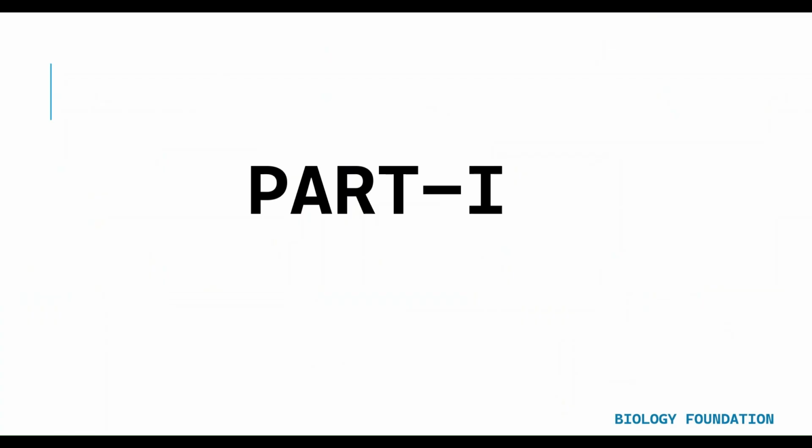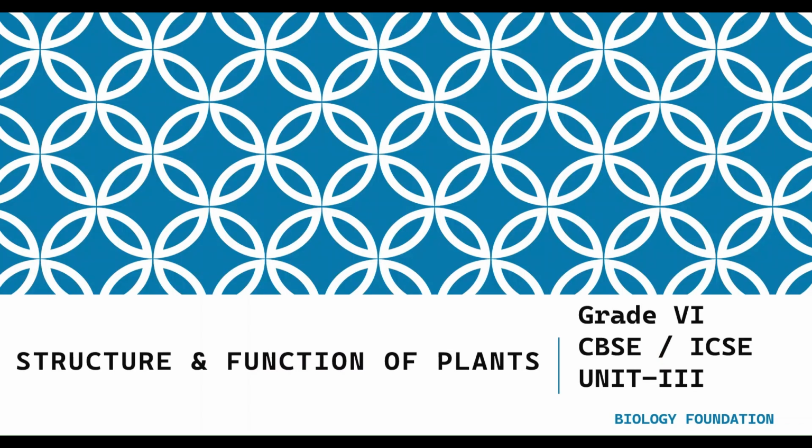So in the previous lectures where we discussed Unit 1 and Unit 2, Unit 1 talked about the various characteristics that define a living organism from a non-living thing, and we have seen the classification of these living organisms in detail, as how plants and animals are classified under the artificial system and even under the natural system of classification, right? So in this unit, let's understand the structure and function of plants.